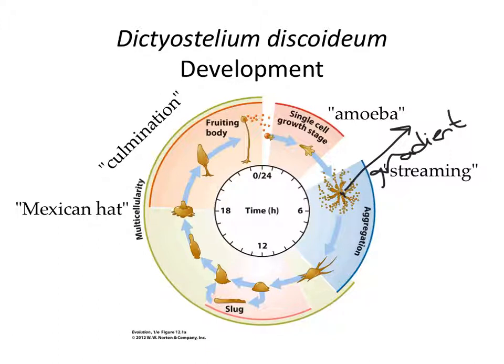And then at some point, they will decide that it's time to disperse even farther than just the petri dish or wherever they're growing in nature. And so that slug will turn into a fruiting body. And this is the tricky part. This is the multicellularity part, because in the fruiting body, the spores, which are the gametes, they're the cells that then go on and try to colonize new regions of the world that maybe have more food.